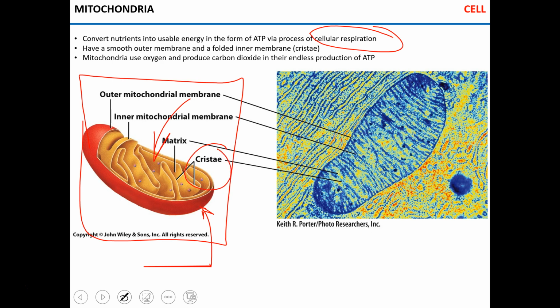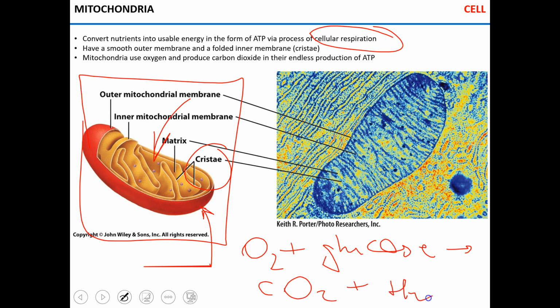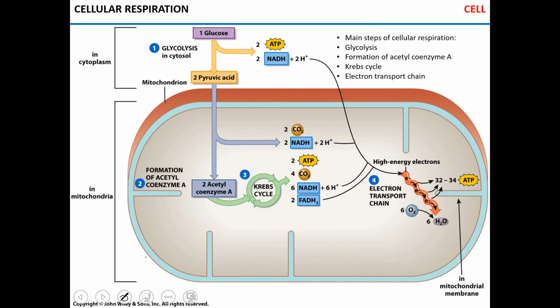And basically mitochondria use oxygen and glucose, and sometimes fats, to produce ATP, releasing carbon dioxide and water. Now we're going to stop at this point, and we're going to discuss cellular respiration later in the class.